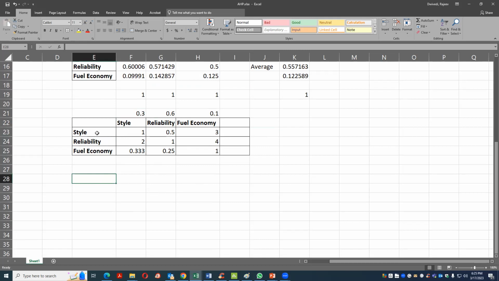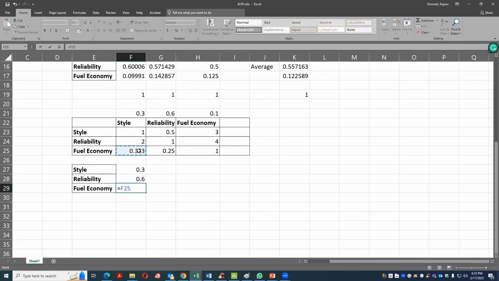So again, I'm just going to write, and now I'm going to see what is the value, 1, and then multiplied with this. Similarly, 2 multiplied with this.